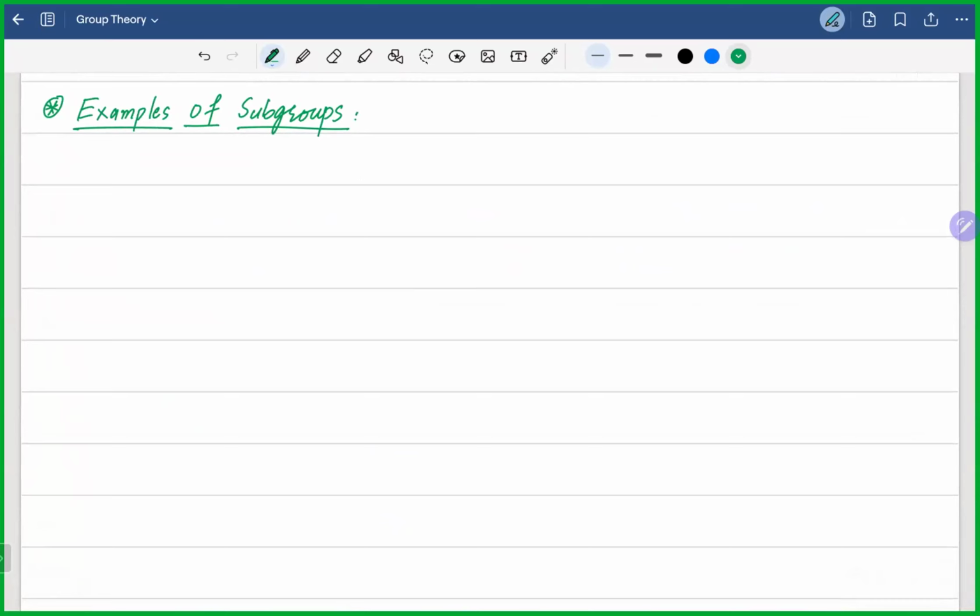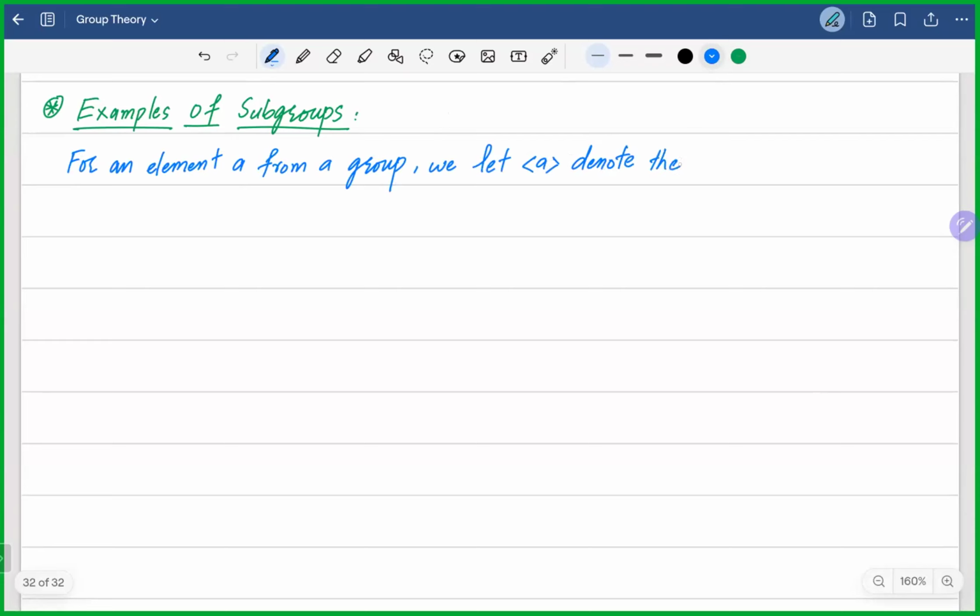Okay, and now I'm going to talk about examples of subgroups, and the proofs of the next few theorems show how our subgroup tests work. We first introduce an important notation. For an element a from a group, we let this denote the set which has elements like a power n, such that n is from the integers.